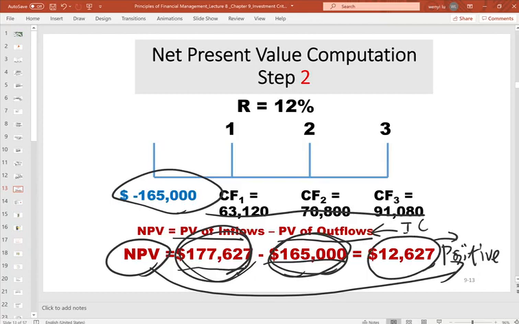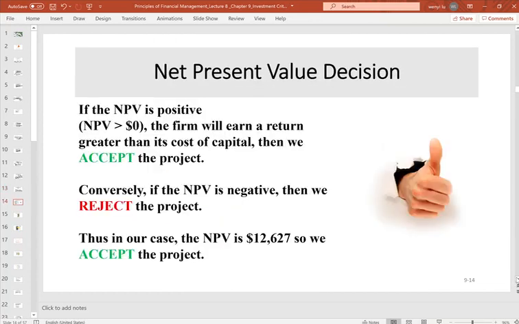So that means if you take this project, you can generate more money for this company. So you will take this project. If the NPV is positive, the firm will earn a return more than its cost of capital. We will accept this project.